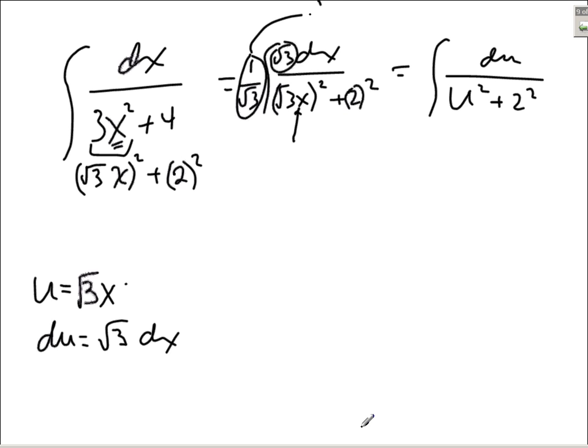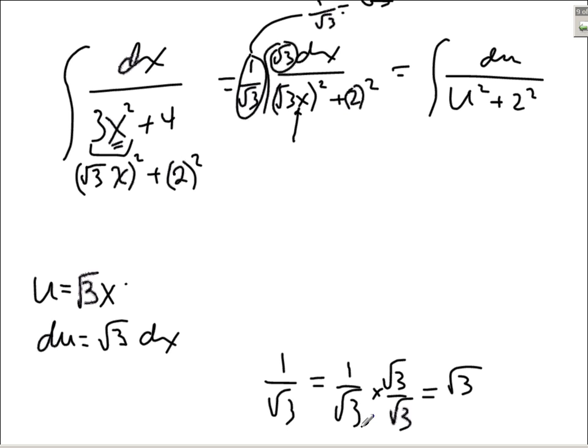Now remember, 1 over square root of 3, if I multiply it by 1, that's square root of 3 over 3, because we're all experts in multiplying by 1. The numerator will be 1 times square root of 3, and square root of 3 times square root of 3 is 3. So we have square root of 3 over 3 factored out.